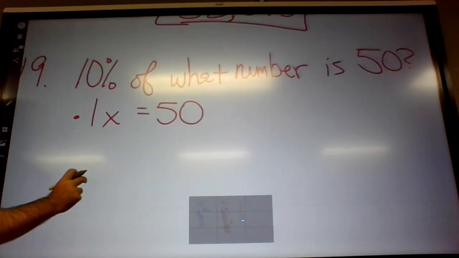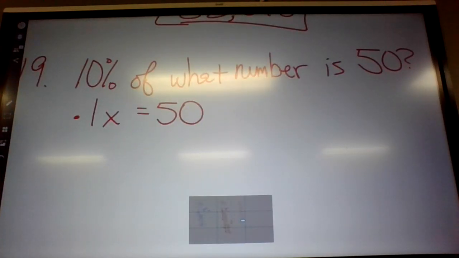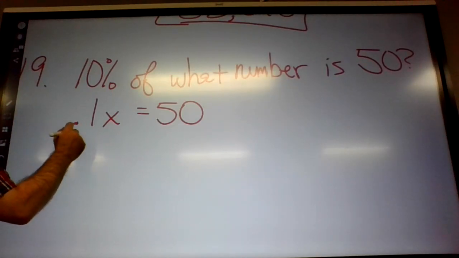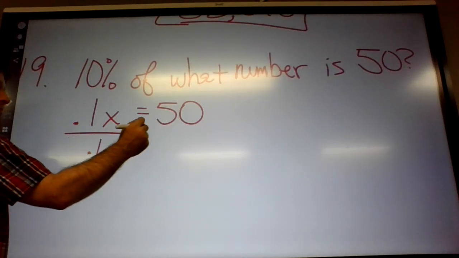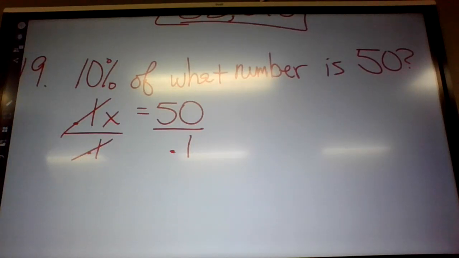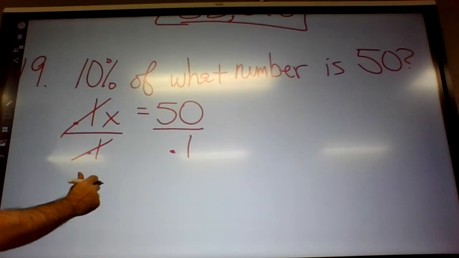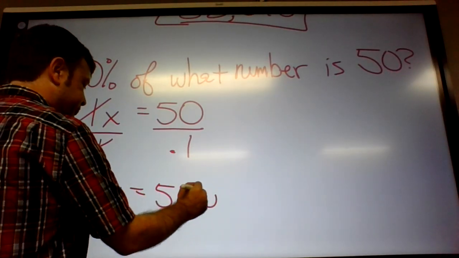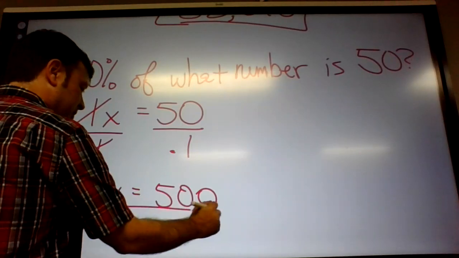So how will we solve this? Divide by 0.1. Yeah, dividing by a tenth is like multiplying by 10. So, yeah, that's 500.